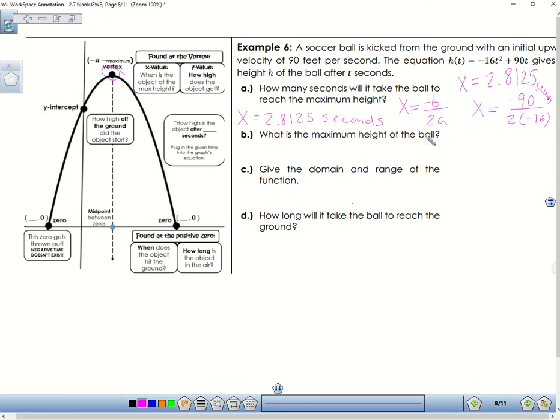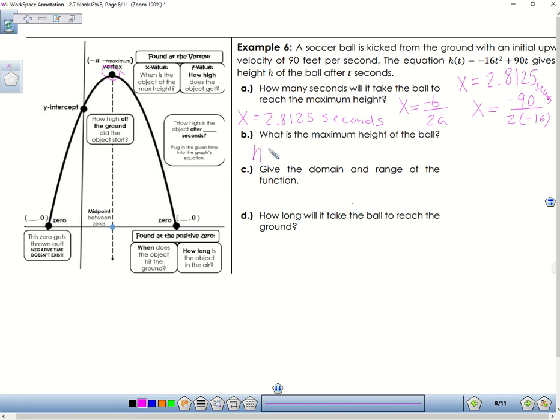So maximum height of the ball. Maximum height of the ball is the y-coordinate of the vertex. That's where the vertex occurs. So how can we find the y-coordinate of the vertex if we have the x-coordinate of the vertex? What do we have to do with that x? We have to plug it back into our equation. In this case, our x is actually t.